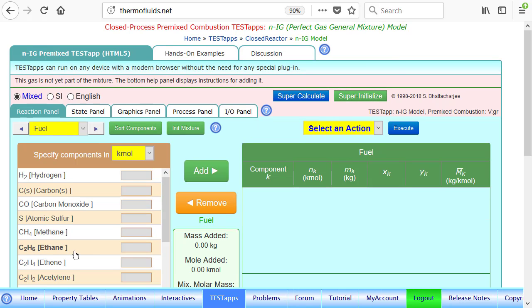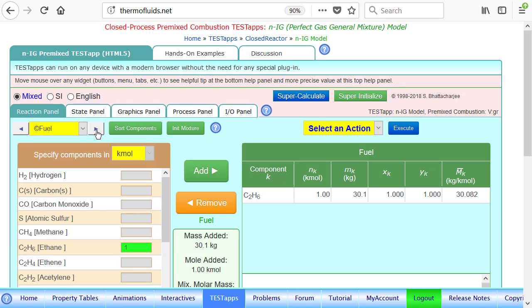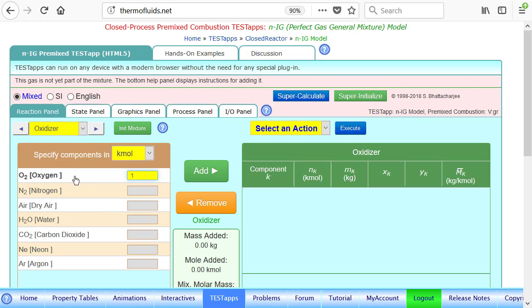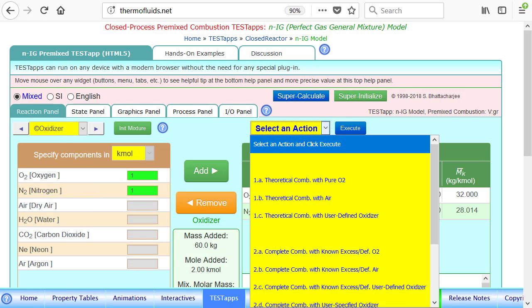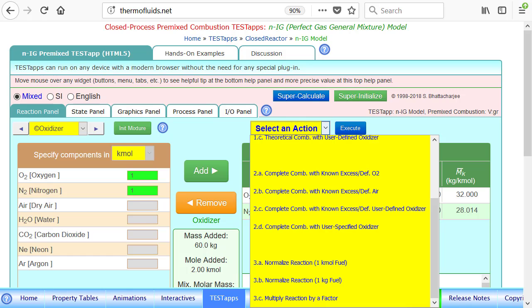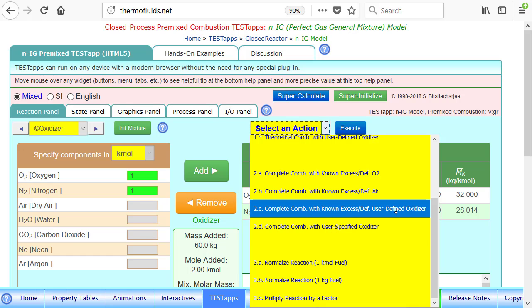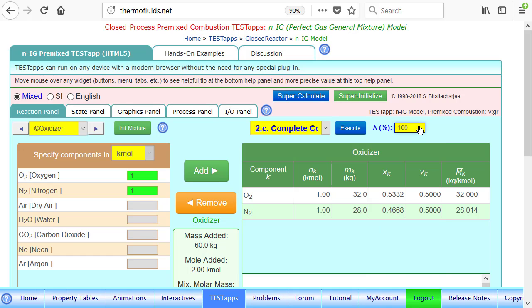Again, we'll start with ethane. We'll add ethane, and the oxidizer, let's define 1, add, and then this time when we do complete combustion with a known excess, user-defined oxidizer, instead of 100%, we'll say we have 143% executed.